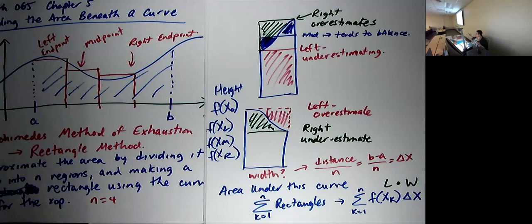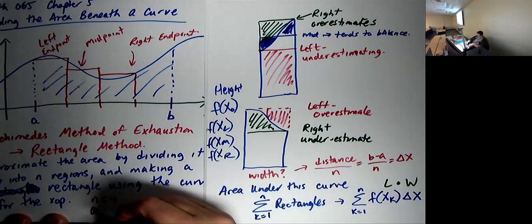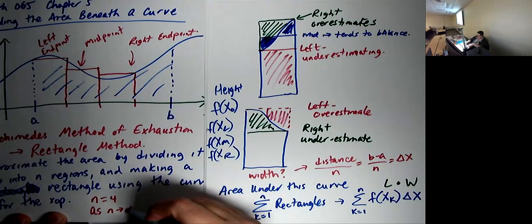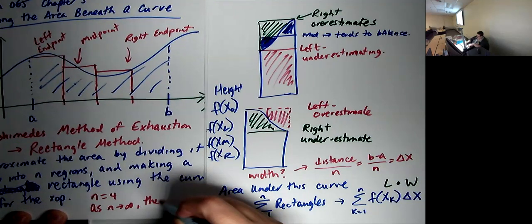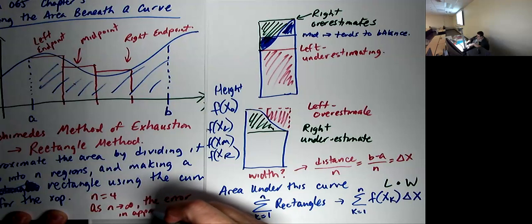Well, ideally, you could make the error from each rectangle smaller if we just make smaller rectangles. Make the rectangles narrower and narrower. We want, as n goes to infinity, the error in approximation to go away, to go to 0.